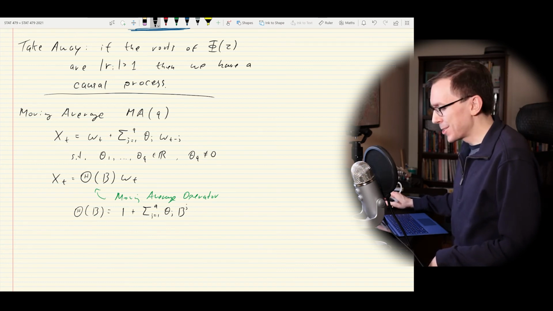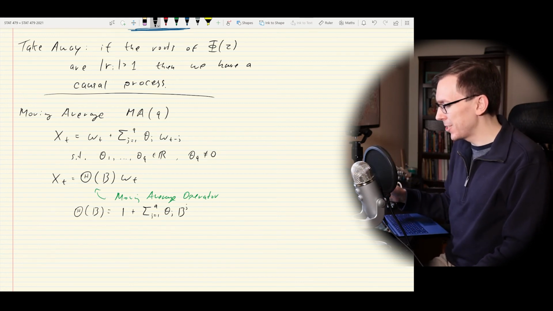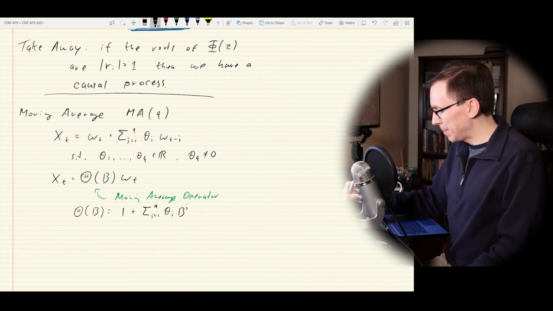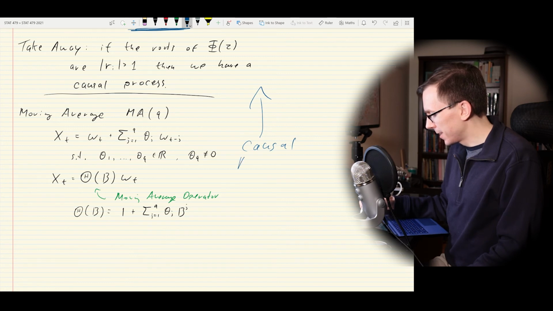And yet again, we run into another uniqueness problem, much like the causal non-causal issue above. So up here, for the AR process, we had the problem of causal versus non-causal.